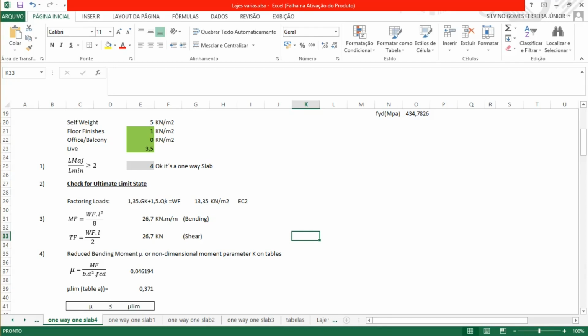I'll call it mu. That is equal to this equation in the Eurocode. We have this on tables. We can calculate it here: the factored moment divided by b, that is, we are considering 1 meter, and the effective depth, and multiplied by the FCD.